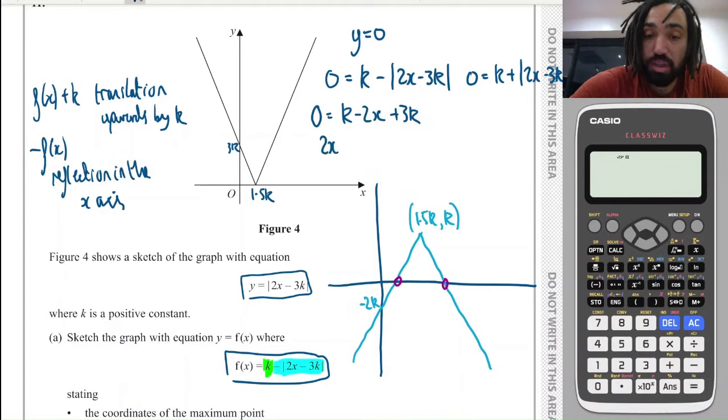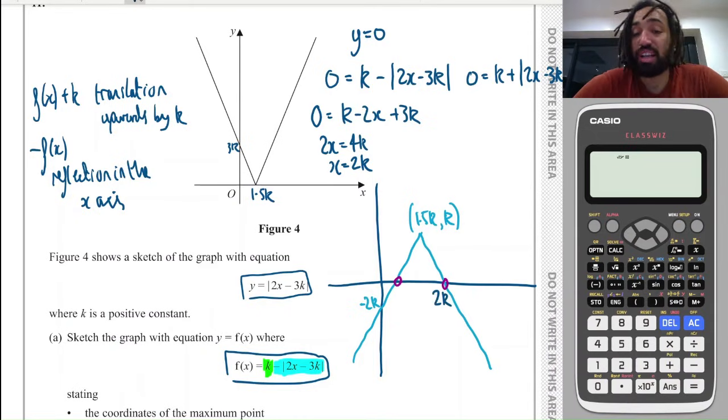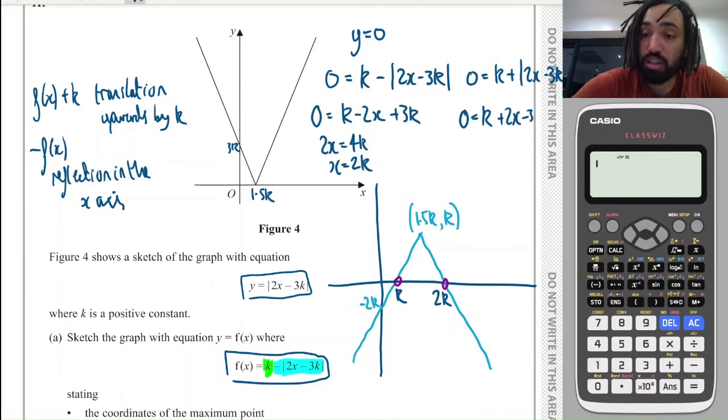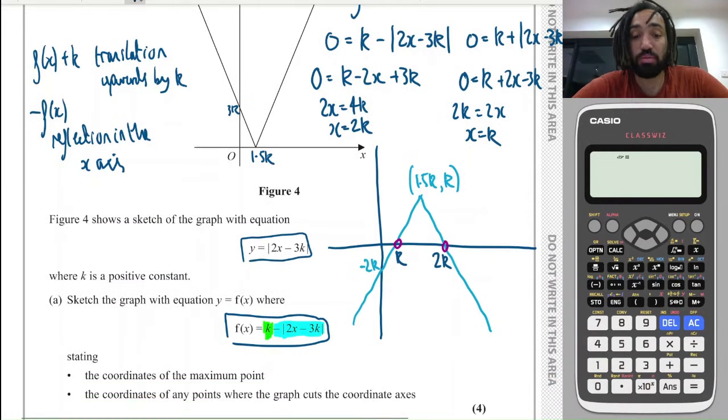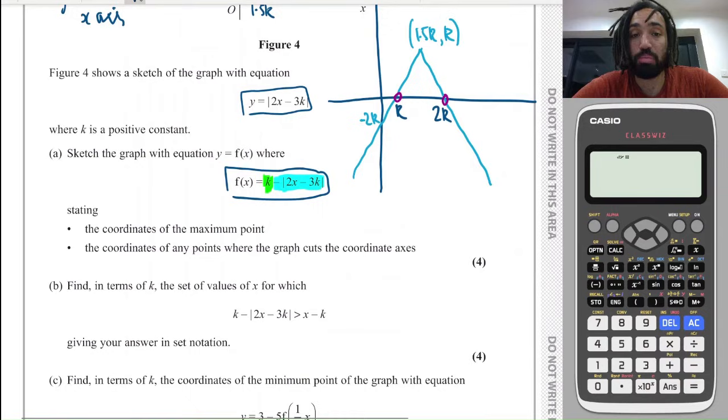And this tells me that 2x is equal to 4k, so x is equal to 2k. And this must be this one here, 2k. I can actually tell by symmetry, because we go from 2k to 1.5k, this is going to be just 1k. And that would be the solution to this second equation, which I'll just solve quickly as well, because that would be k, and then that will be plus 2x, and that'll be minus 3k. So we would end up with 2k equals 2x, so x would equal k. And that is the final sketch with all the points labelled.